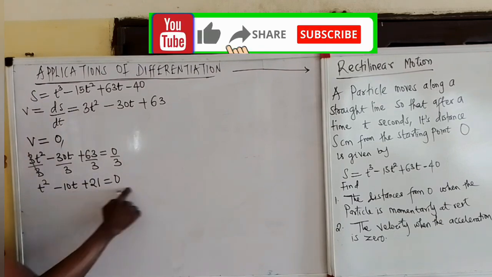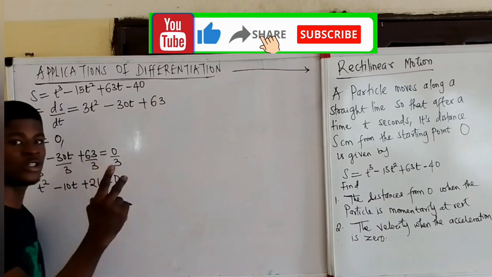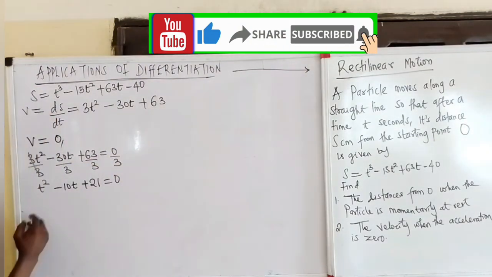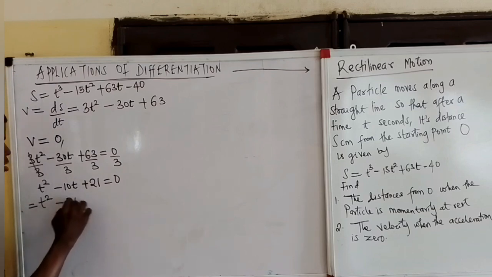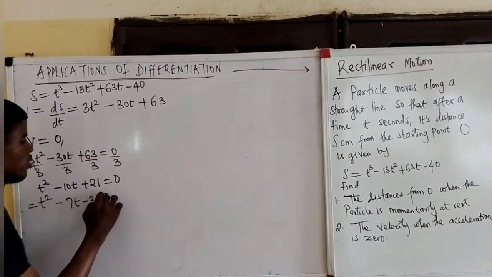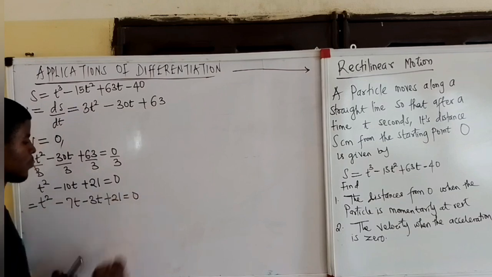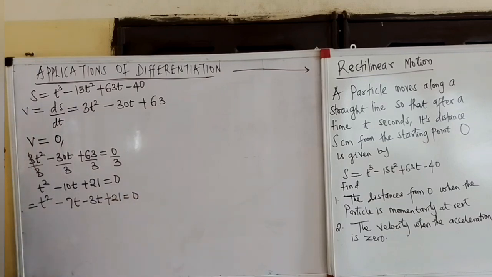So I will solve this quadratic equation to get two values for t. This is t squared minus 7t minus 3t plus 21 equal to 0, because minus 7t minus 3t is minus 10t. So let's proceed.